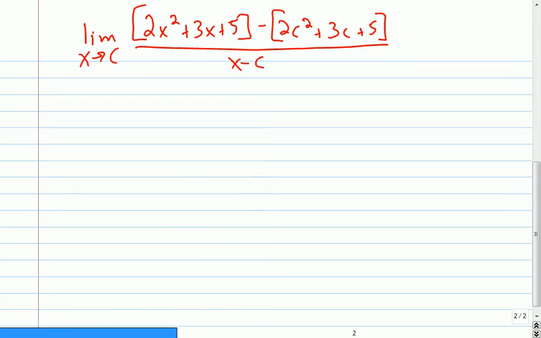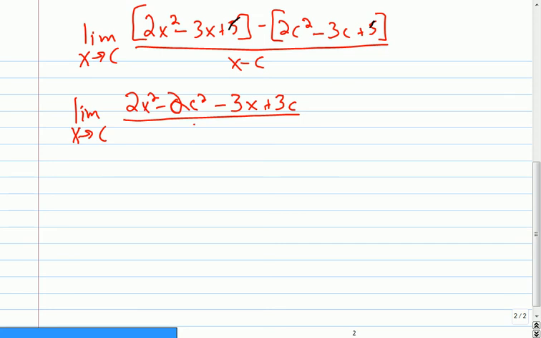One thing I could do is say the limit as x goes to c of 2x squared minus 2c squared, and you'll see why I do this in a minute. And is it minus 3x? Oh, is it minus 3x? My apologies. So this will be minus 3x plus 3c. And what else do we have here? Those 5s would disappear. So on the bottom I would have x minus c.